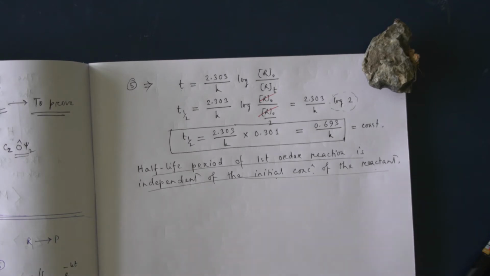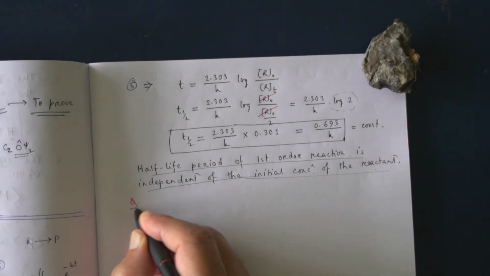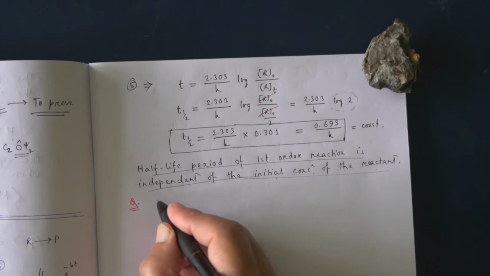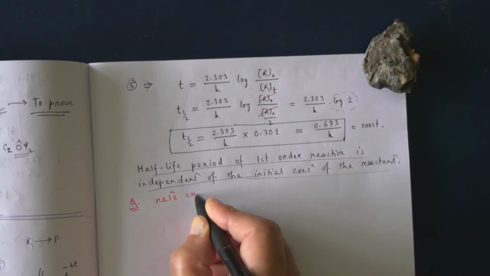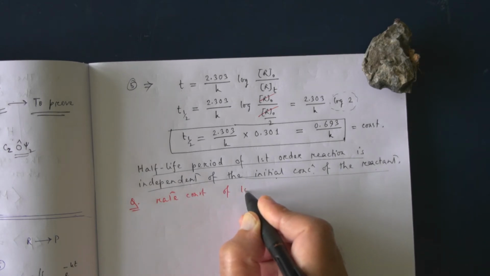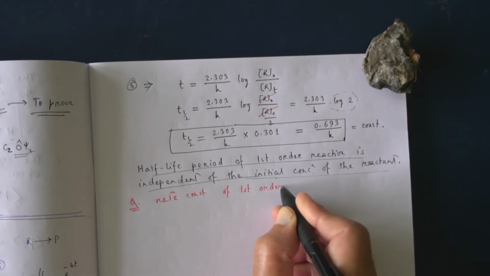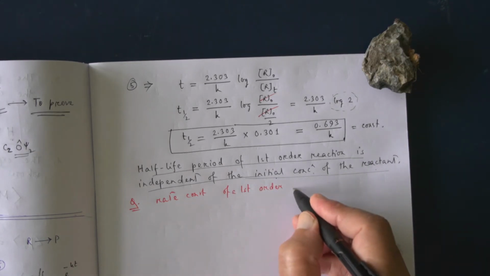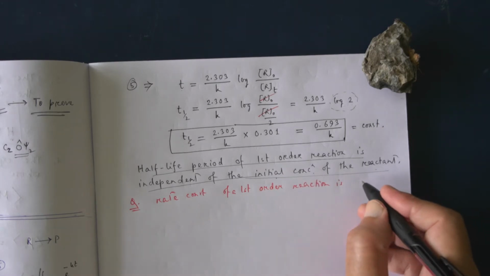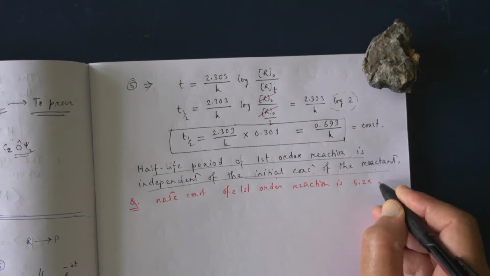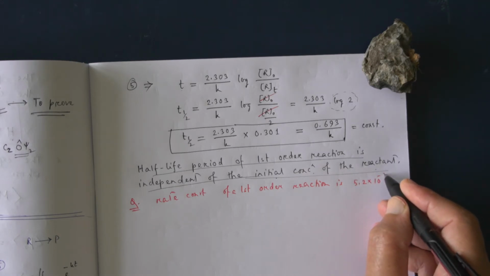Now small questions may be asked. Suppose a question is given: the rate constant of a first order reaction is 5.2 into 10 to the power minus 3 per second.